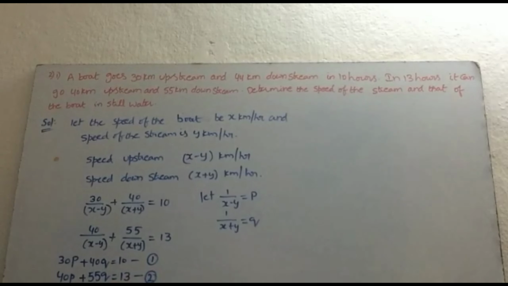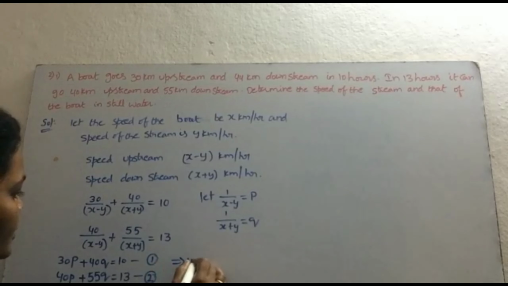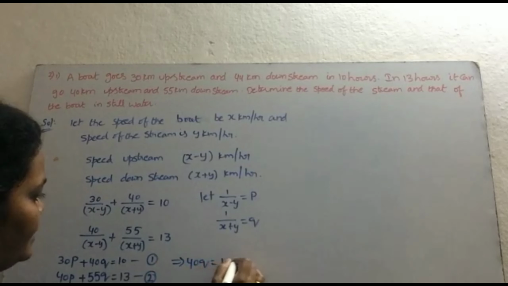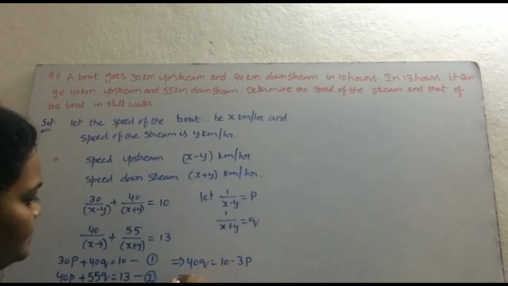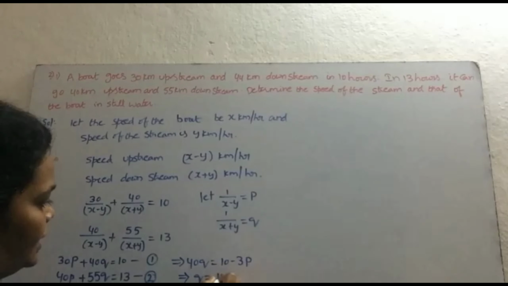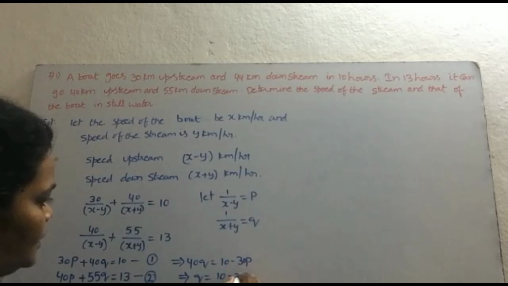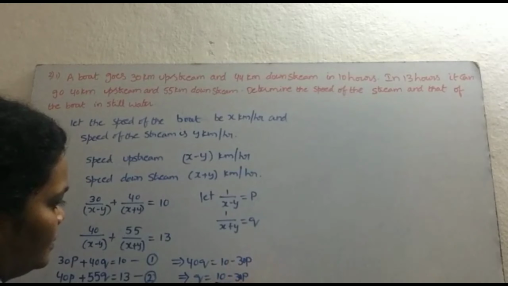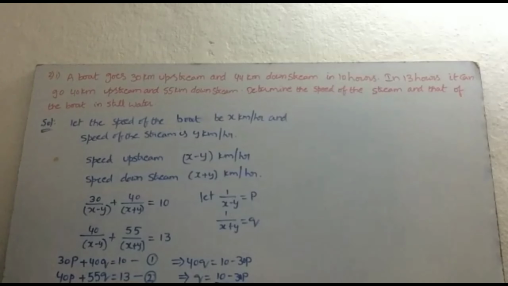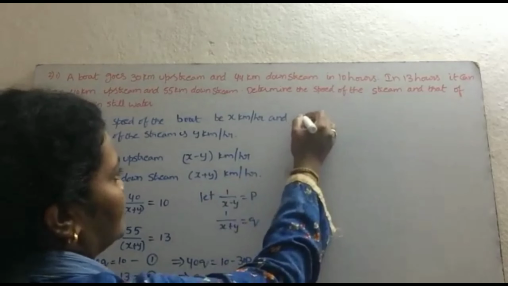Now we will solve these two equations. We will get the values of p and q. So from the first equation, 44q is equal to 10 minus 30p. That implies q equal to 10 minus 30p by 44. So substitute the value of q in the second equation.